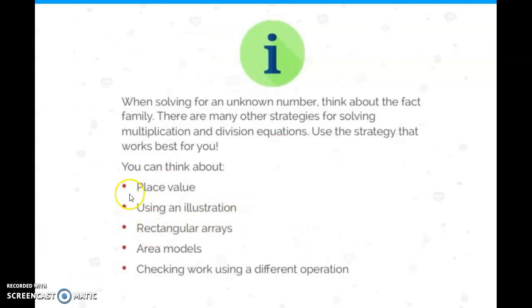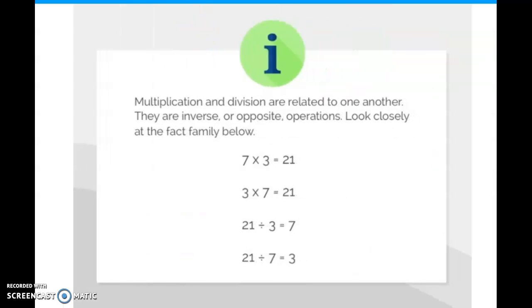Using an illustration, that's just drawing yourself a picture. Using an array, if I wanted to use an array to solve for this problem. So let's say that I didn't have the number 3. That's what I was solving for. All right, so I wanted to know 7 times something equals 21. Well, I could do 7 rows. 1, 2, 3, 4, 5, 6, 7.